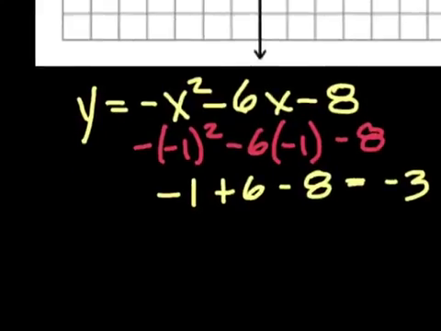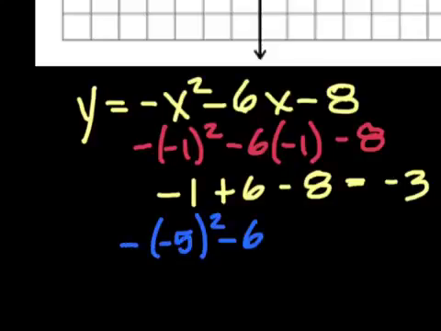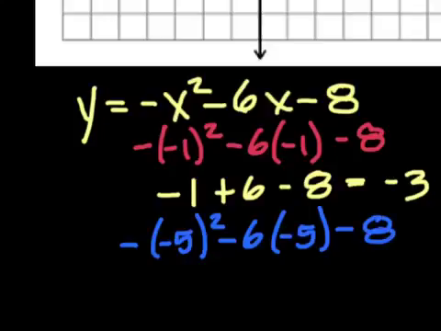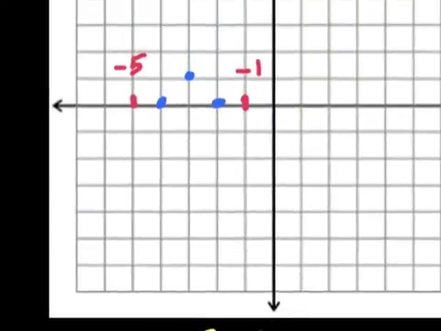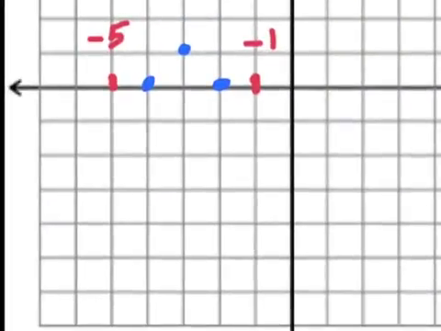If I put in a -5, I have -(5 squared) minus 6 times -5 minus 8. So that's -25 plus 30 minus 8, that's also -3. So I've got to plot those up here, and that would be -3 and -3.